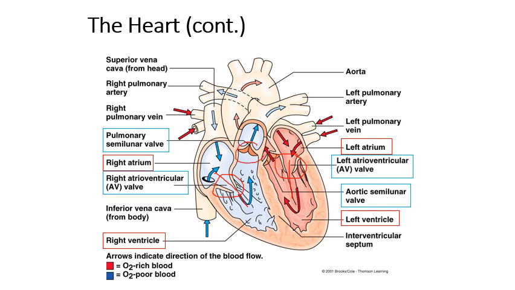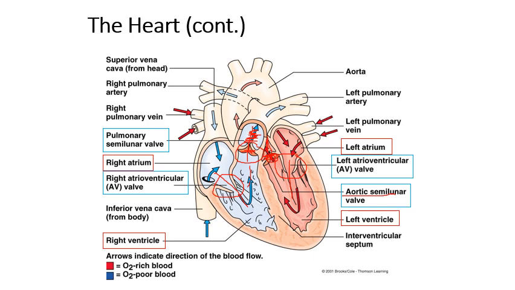This is the pulmonary semilunar valve because it's going out to the pulmonary trunk. So this valve is between the ventricle and the pulmonary trunk, the pulmonary arteries. And then where's the aortic semilunar? It's between the left ventricle and the aorta here. That's the aorta.